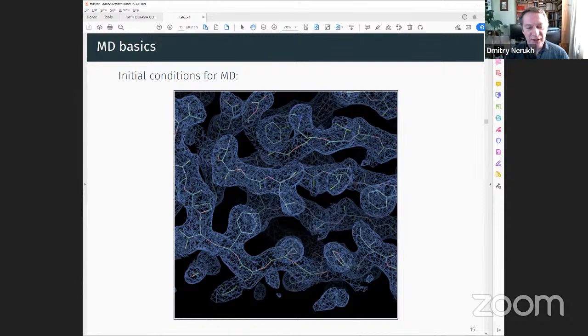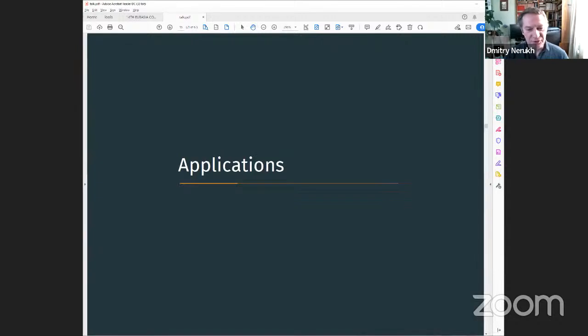Luckily, recently, the developments of crystallographic techniques and especially cryo-electron microscopy techniques are so great that we can now measure the positions of every single atom for very large biological systems, like, for example, complete viruses or complete cellular organelles. And this is a great help, and the results of simulations depend very much on the quality of the initial conditions for starting the simulations.